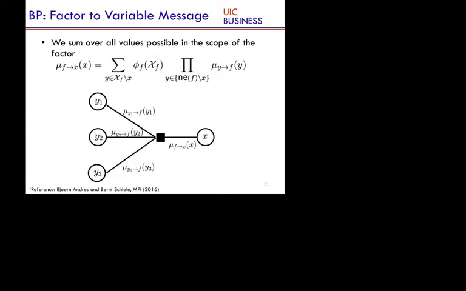Then that summation that you would have done naively, you can compute very efficiently by doing this. This is true only for tree structured factor graphs. For factor graphs which are not tree structured, there are heuristics or approximate methods, and we have not gone into those details.